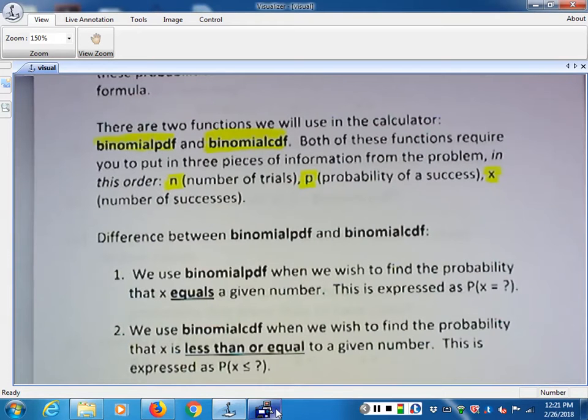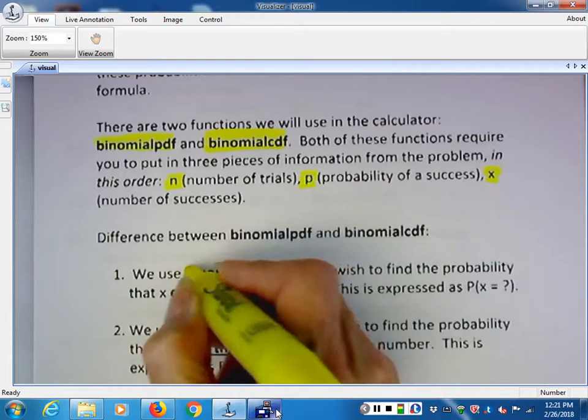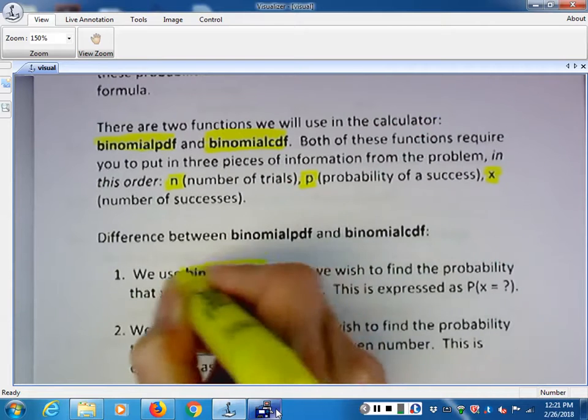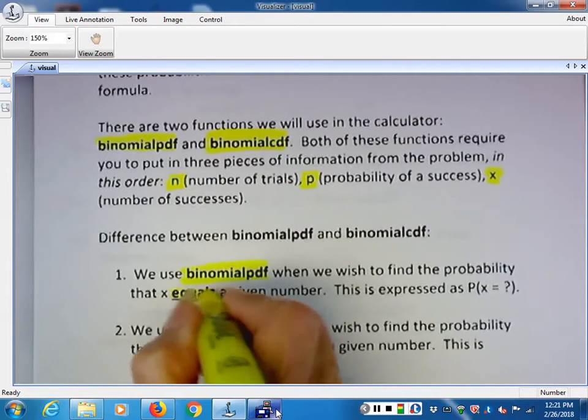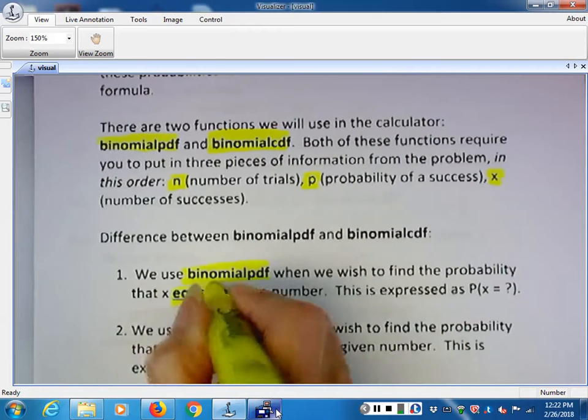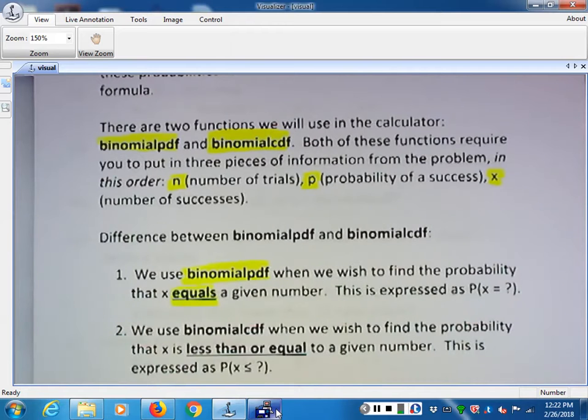The key thing you need to figure out is what's the difference between binomial PDF and binomial CDF. Binomial PDF is only going to be when you are trying to find the probability that X equals a particular number.